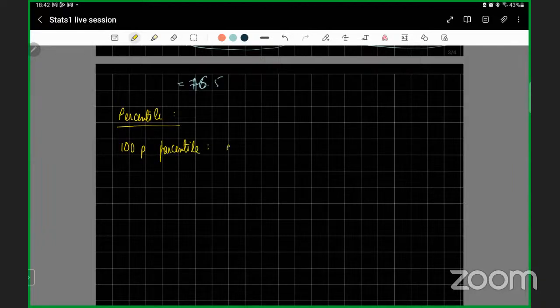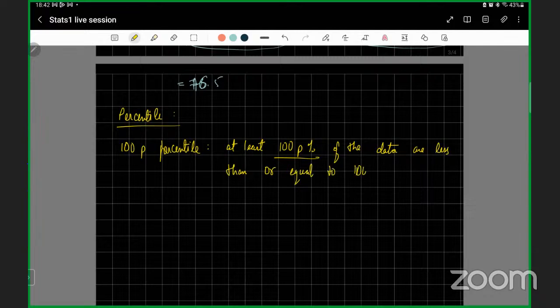It means at least 100p percent of the data are less than or equal to this value.